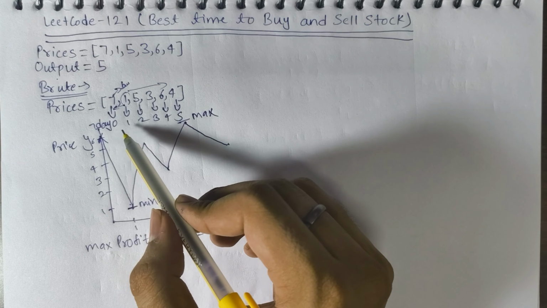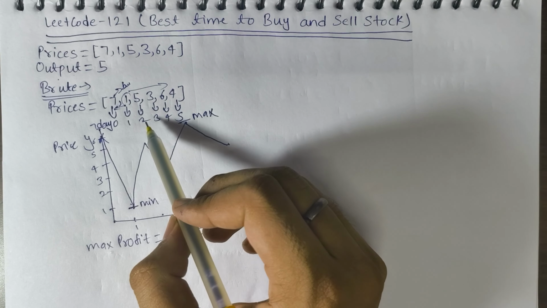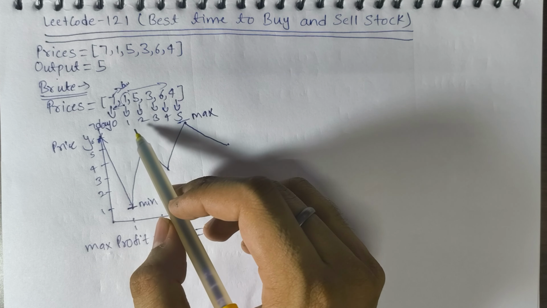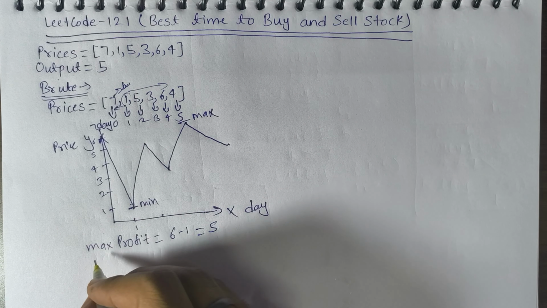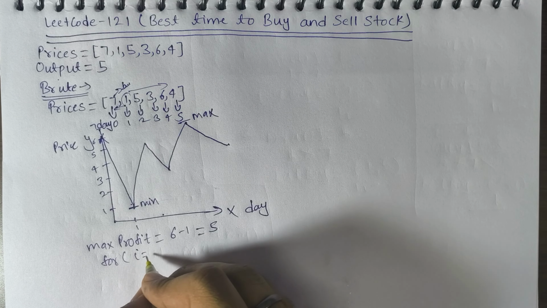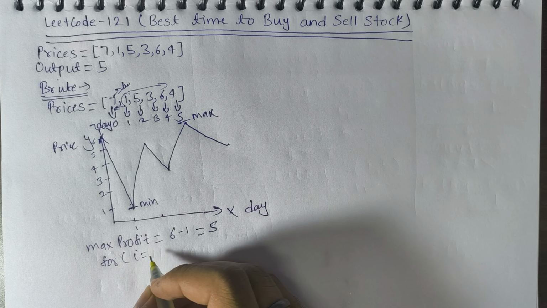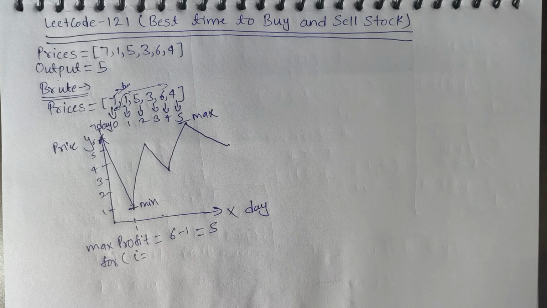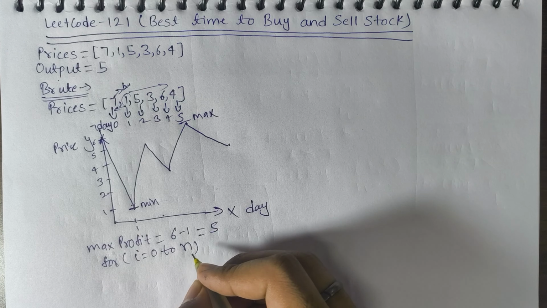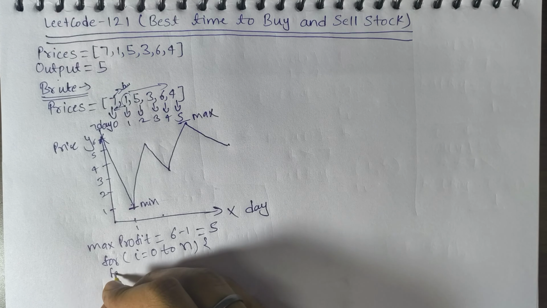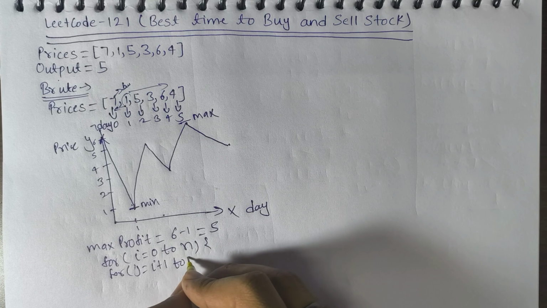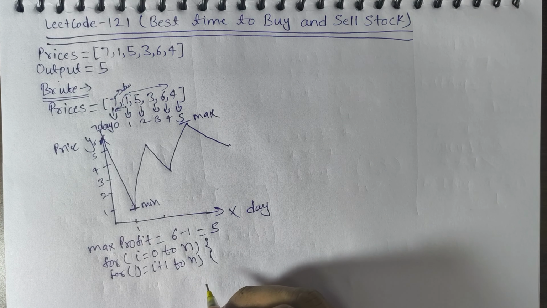We use a nested for loop, and the complexity of this code is big O of n square. First we use a for loop, i is equal to 0 to n, where n represents the array length, and again we use for j is equal to i plus 1 to n, the price length.